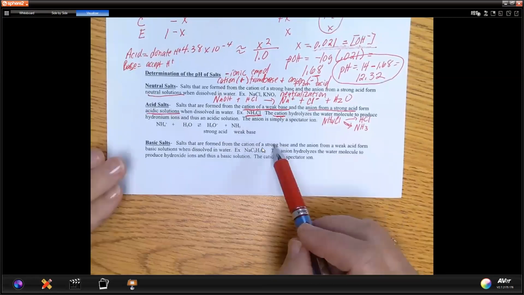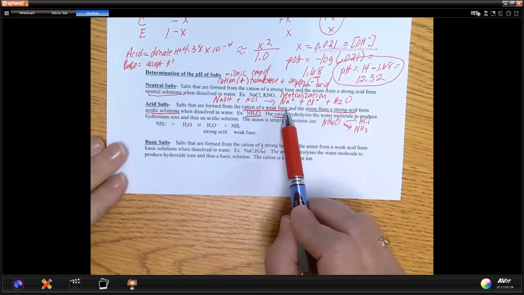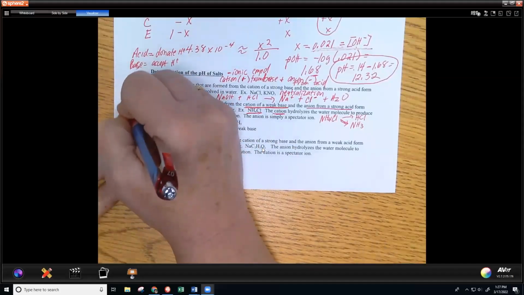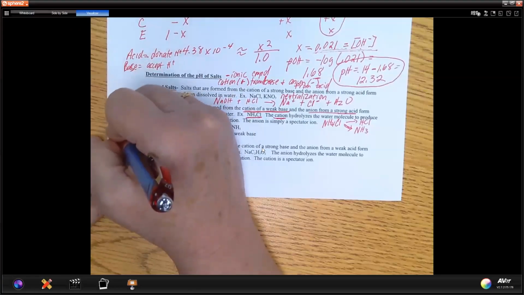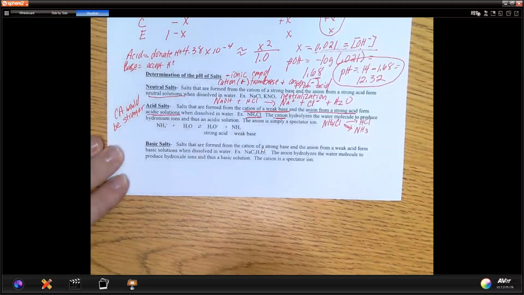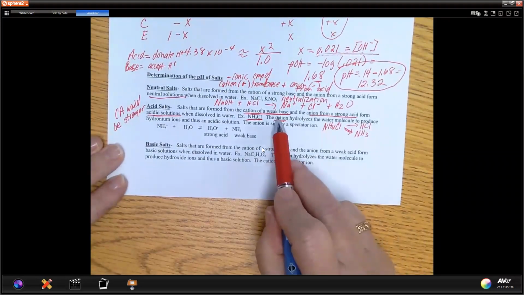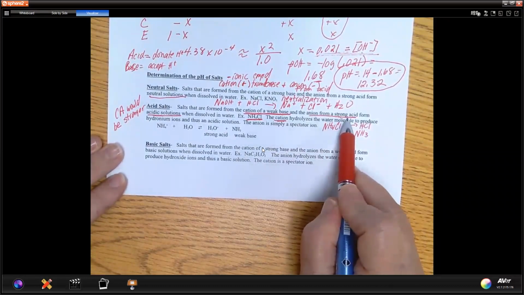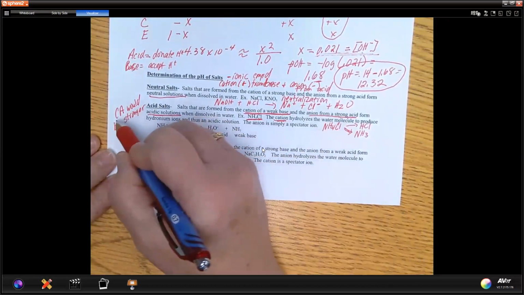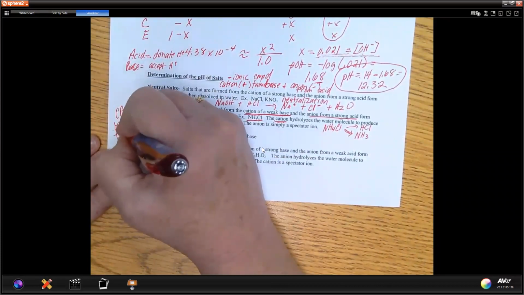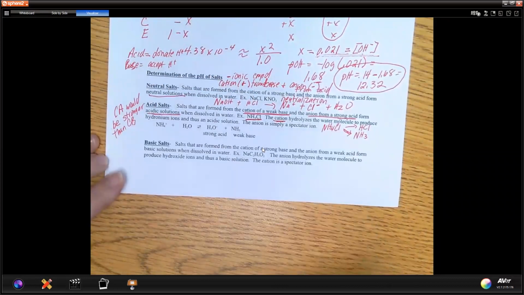Hydrolyzes the water just means it breaks it apart. So here, because I had a weak base, its conjugate acid would be stronger as an acid than the conjugate base that was formed from my strong acid. So the conjugate acid would be a stronger acid than the conjugate base that's formed.